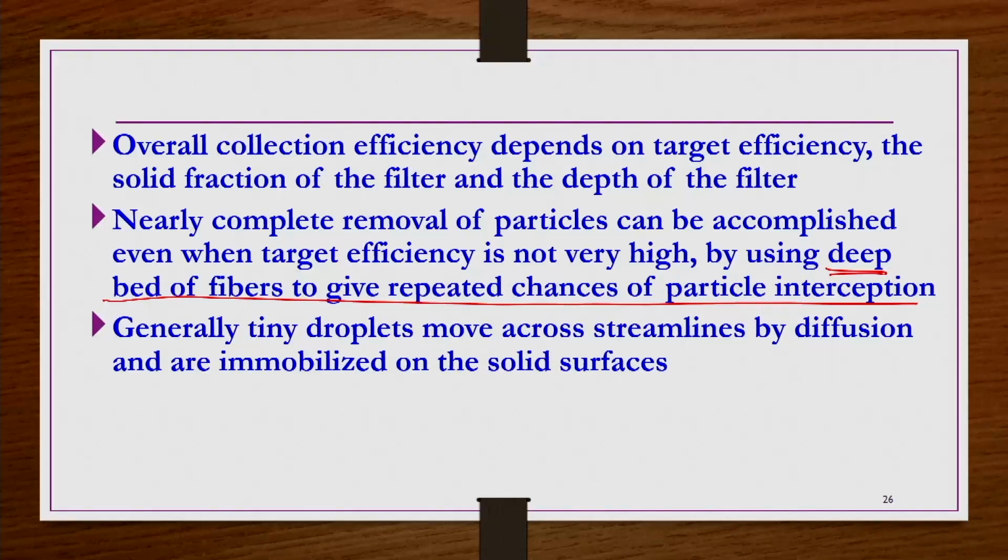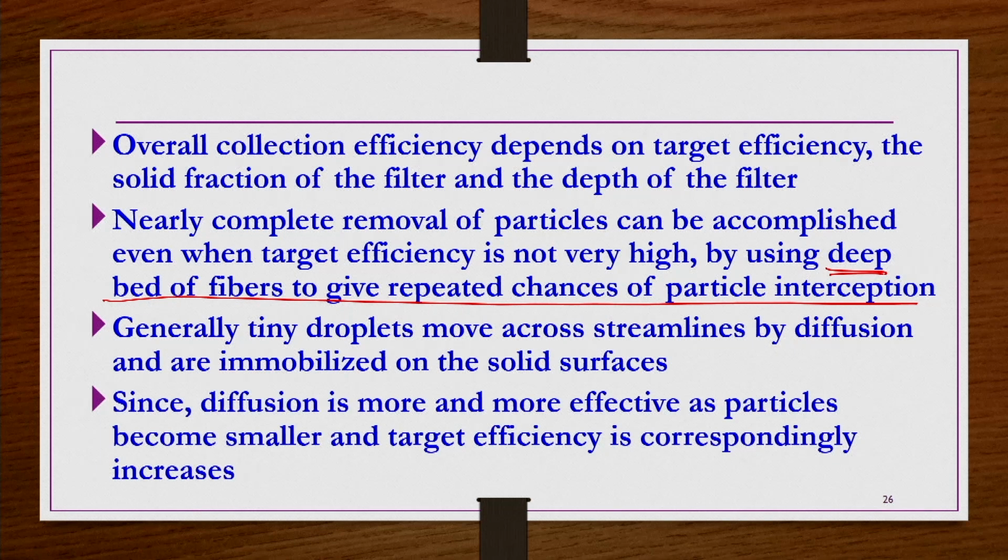Generally, tiny droplets move across the streamlines by diffusion and are immobilized on the solid surfaces. Since diffusion is more and more effective as particles become smaller, target efficiency correspondingly increases.